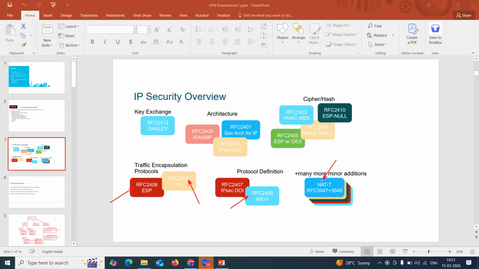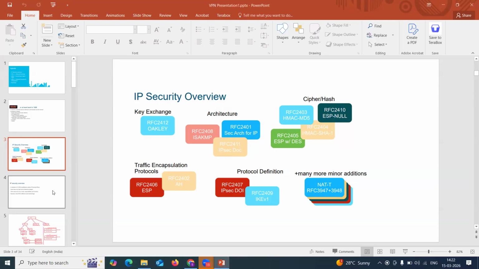And when you go for an interview, you can give a reference like, as per RFC 3948, these are the details. The interviewer will understand that this person has an idea about RFCs and has gone through these documents. This is what the interviewer will understand about you, which is good.